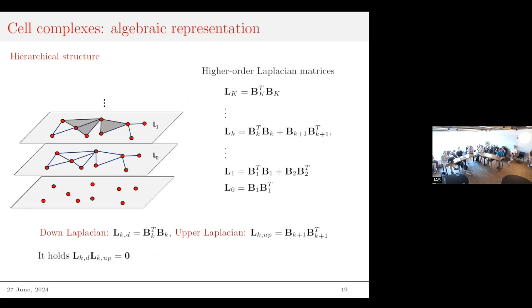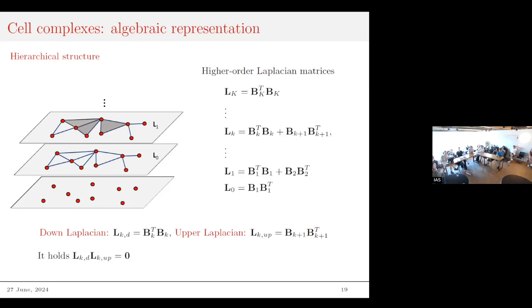If I consider a cell complex, I expect a hierarchical structure. I start from a set of nodes. From this set of nodes, I need to learn the pairwise relations from which I can derive a graph Laplacian L0.